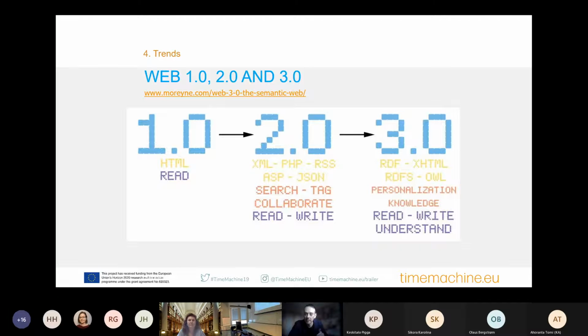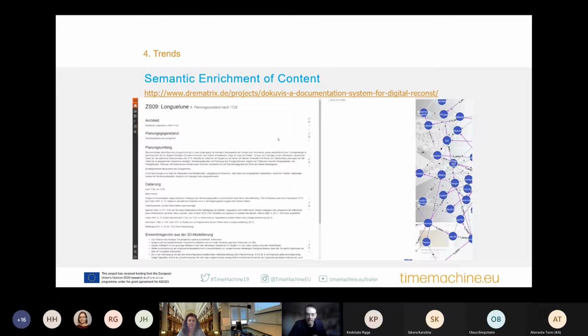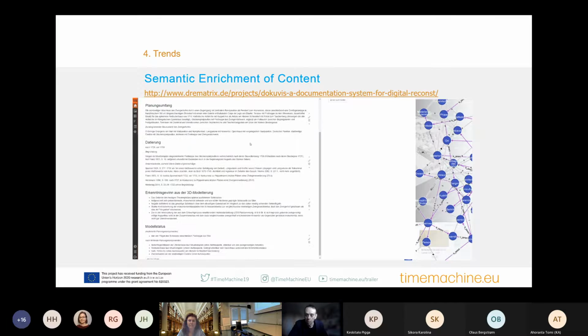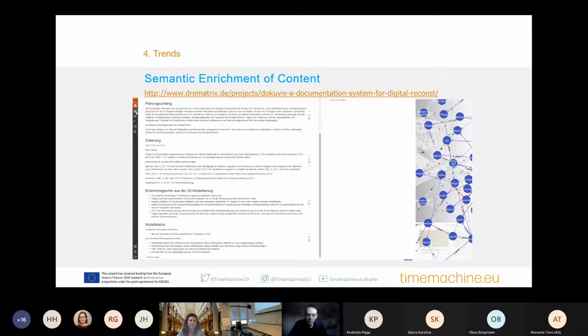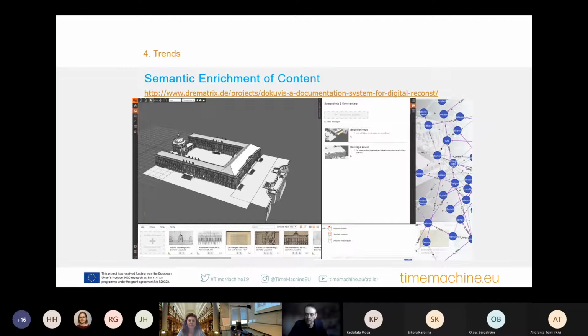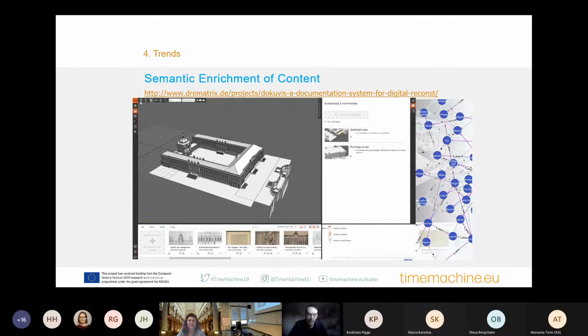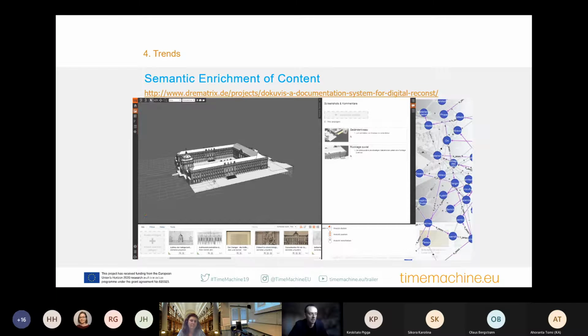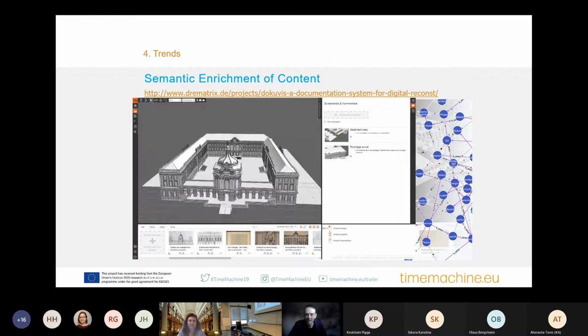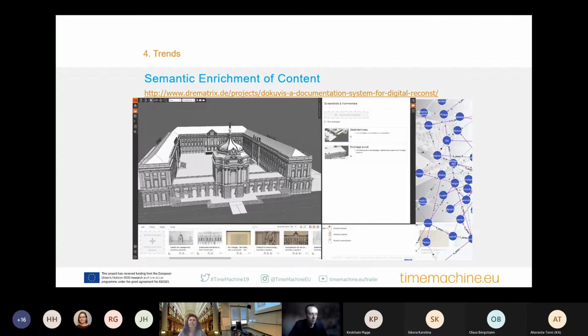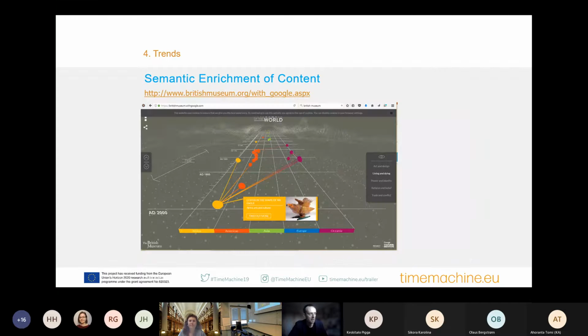Of course, it's always a question of how to link data sources to each other and enrich data. In case of 3D, it's very much about how to link the 3D model with underlying information sources. So for instance, images used for reconstruction or textual content and so on. And how to make this, of course, accessible for users in that case.